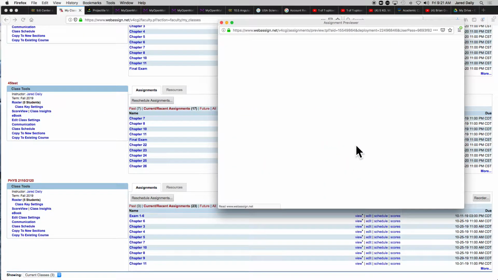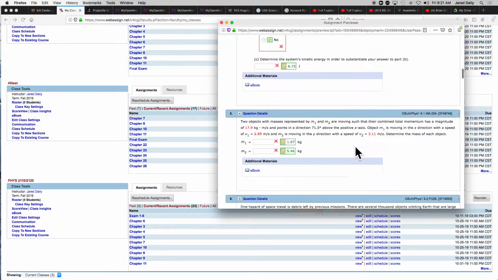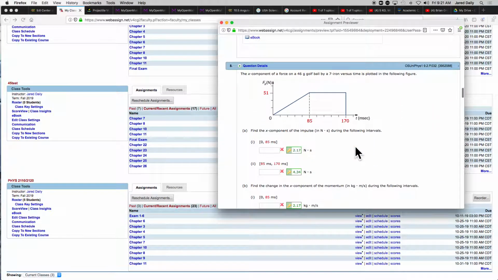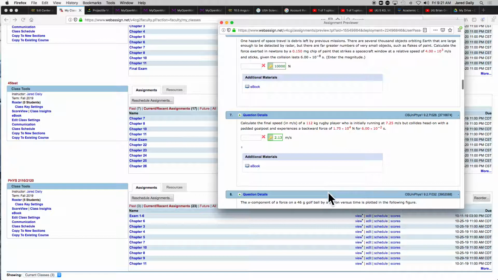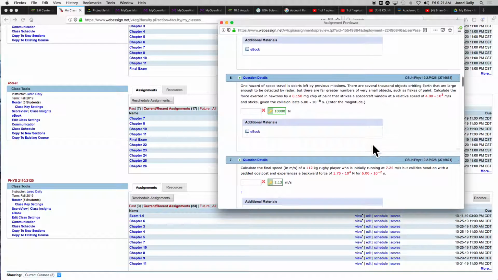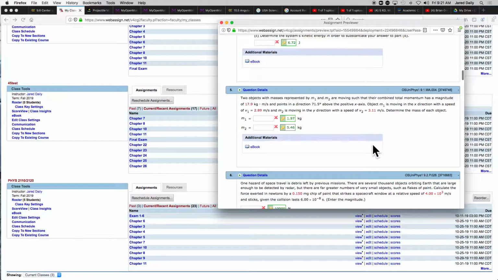Homework. We got through the first 8 yesterday. Is that right? Six, 7. Okay, so in 7, we have a rugby player who's running at 7.25 meters per second, collides head-on with a padded goalpost, experiences a backward momentum.